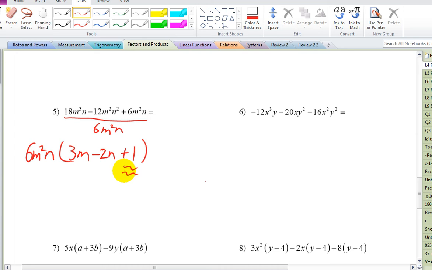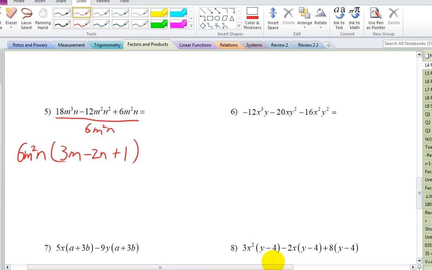Perfect. Okay. So some people have looked at number 6. What's different? What did you notice? What do you mean change your signs? Okay, so you have to be careful with your signs? Okay. Why? Yeah.